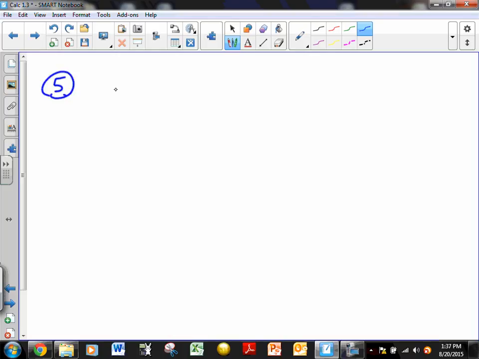So let's look at something like this. Let's find the limit as x approaches 0 of square root of x plus 4 minus 2 all over x. Always try direct substitution first.